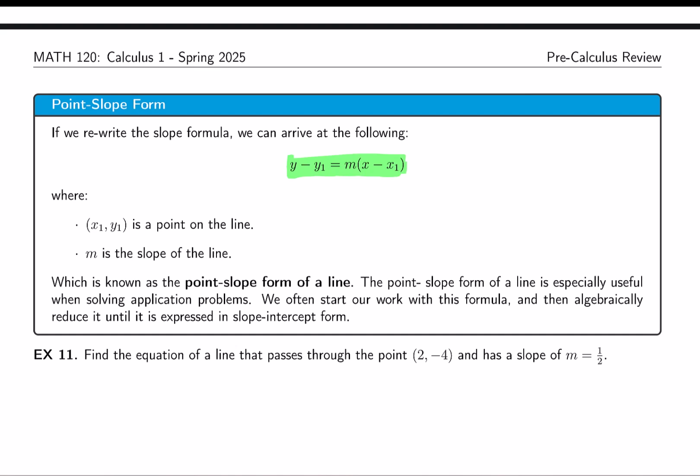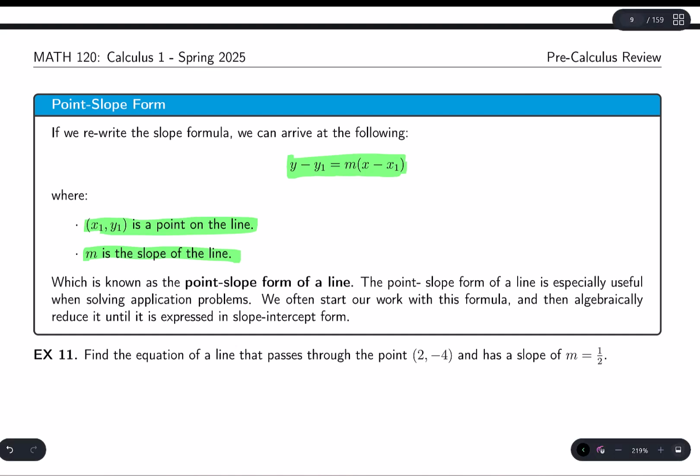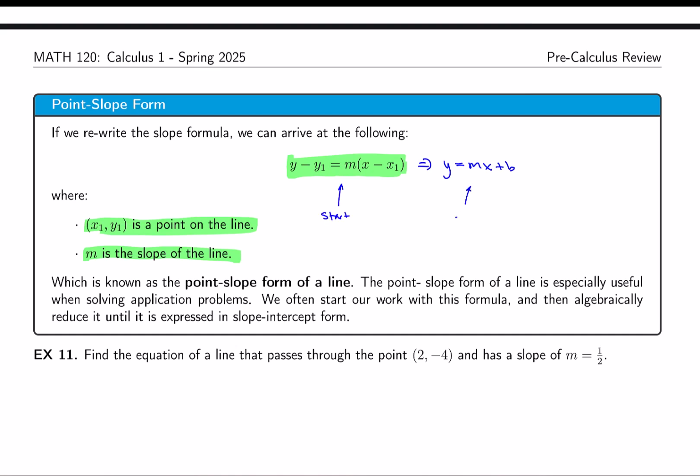As long as x1 and y1 is some point that exists on the line, and m is the slope of the line, we can use this to come up with the equation of a line. Now in the end, we very often express it in the form y equals mx plus b. But you have to understand, you start here, and you end here. That's always the way we generally do things.